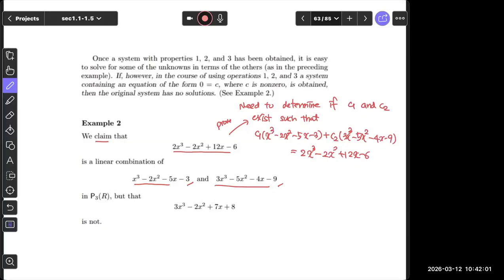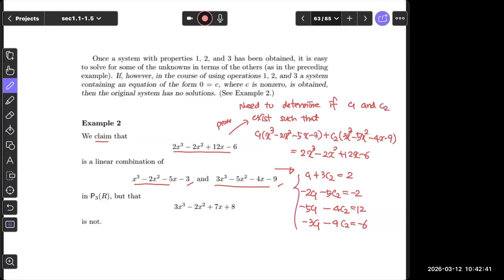That means the sum of the coefficients on the left must match the corresponding coefficients of the polynomial on the right. So C1 plus 3C2 must be 2, minus 2C1 minus 5C2 equals minus 2, minus 5C1 minus 4C2 equals 12, and minus 3C1 minus 9C2 equals minus 6.